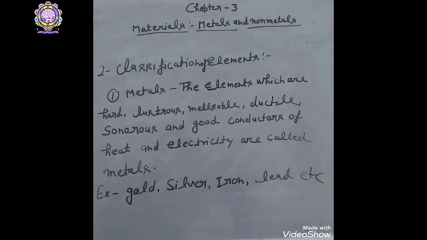All metals have all these properties, but some metals exhibit exceptional properties. For example, mercury is found in liquid form, and sodium is a soft solid with low density.